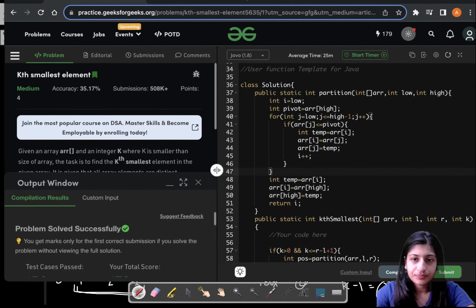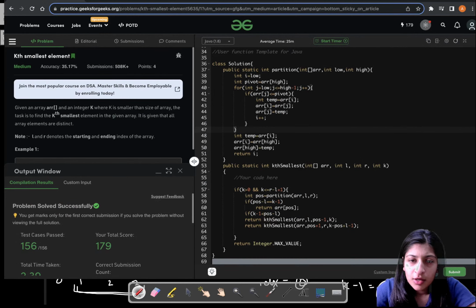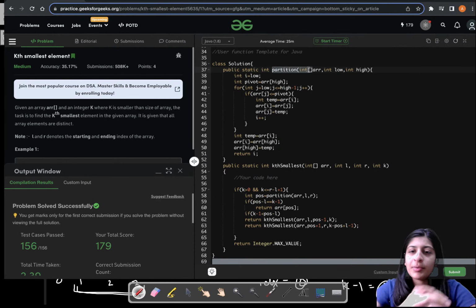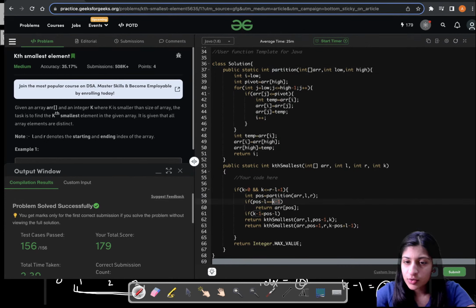Okay, so what have we done here? You are using your kth smallest, right? Whenever you check the position that is being returned by partition, that is the index at which your pivot element should be present if it is at its right position, and you compare with k minus 1. If it is the same, you return.